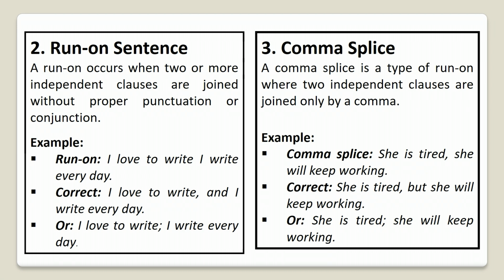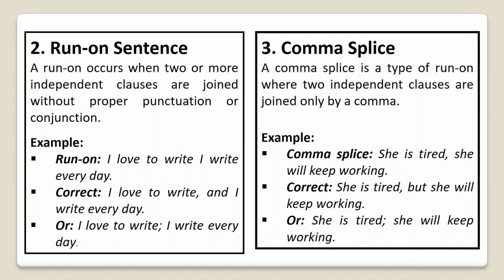I love to write, and I write every day. In this way it will be more correct. Or we can write, I love to write; I write every day. In this way it will be clearer. So we can improve run-on sentence structures.